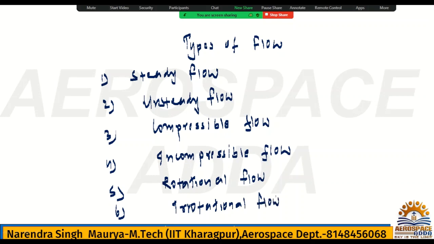These are the standard types of flow in aerodynamics.